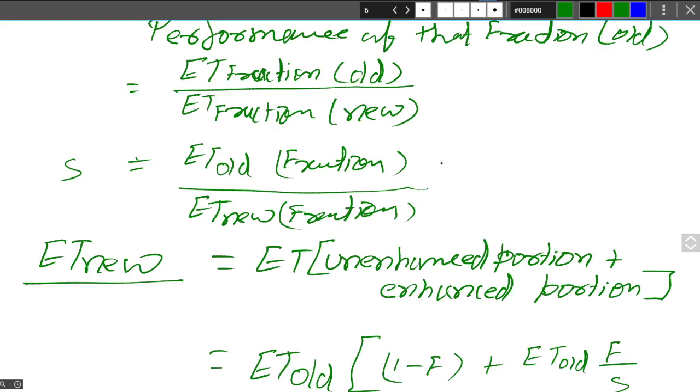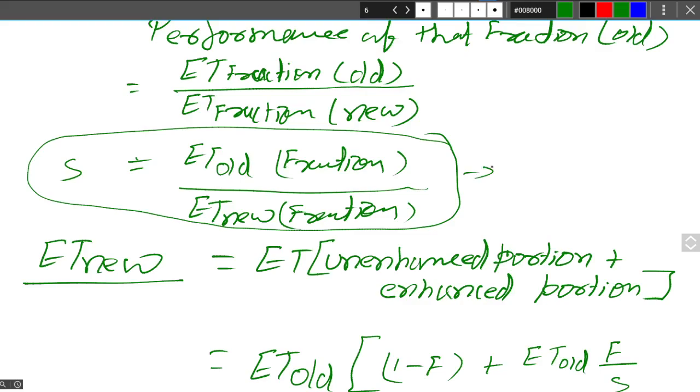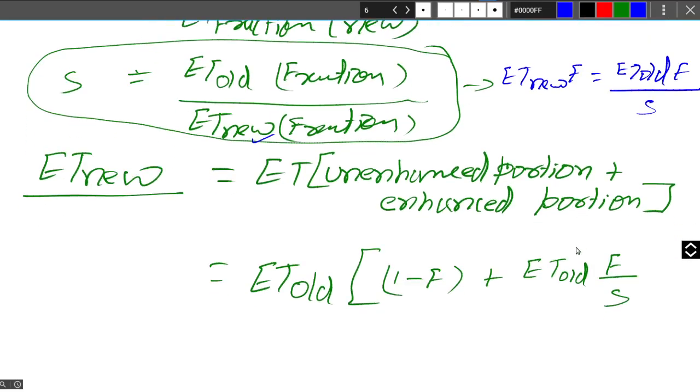So in this case, from here you can find that if you want to find the ET new, it will be ET new fraction is ET old fraction upon s. Is it? So same thing we are keeping here.